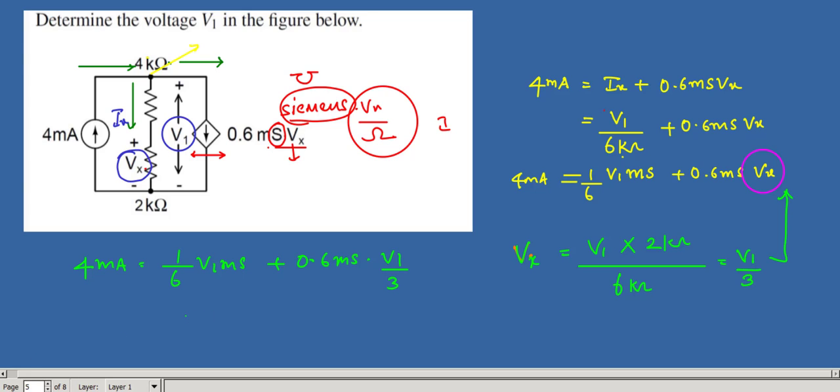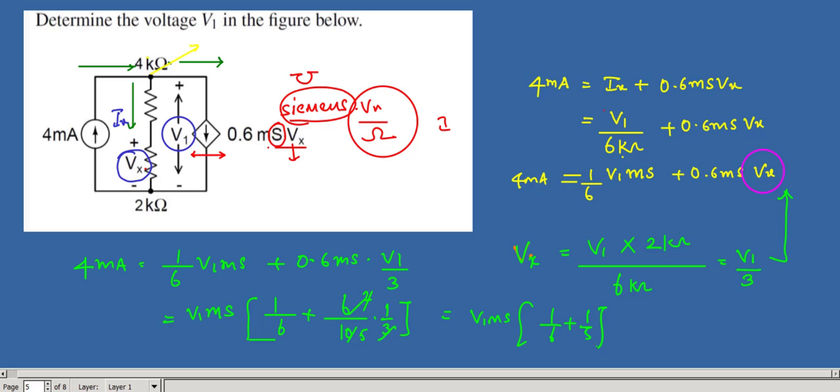Okay, so simply I will take V1 millisiemens common, 1 by 6 plus 6 by 10 into 1 by 3. So 3 2s, 2 5s, you get 1 by 5.